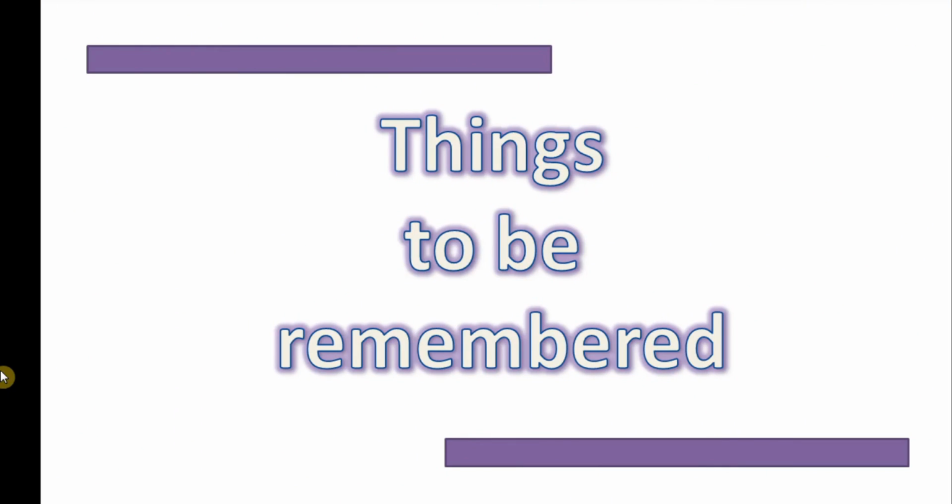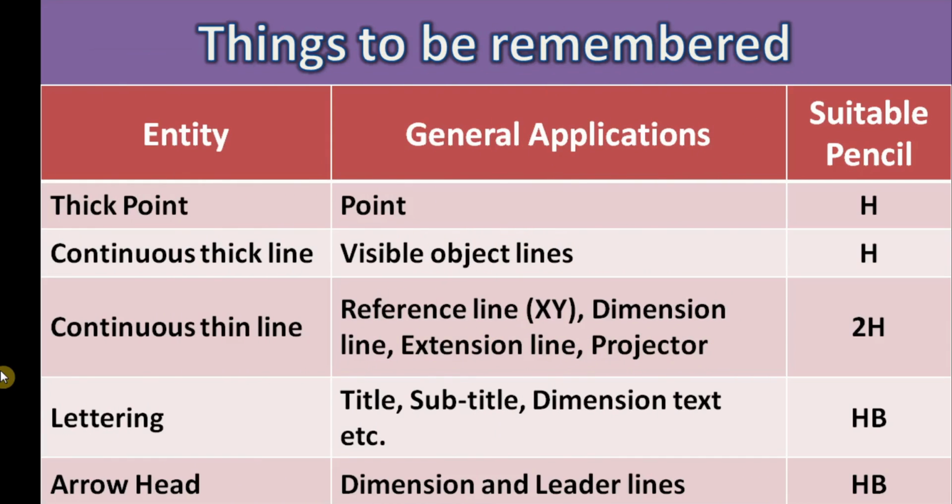I want to remind you of some important things before solving the problems in projection of lines. At first, you have to know the different types of lines used in EG and the corresponding pencil grades. Please watch the line types video for more information. I am telling this repeatedly in every video because only then will your presentation of the drawing be good.